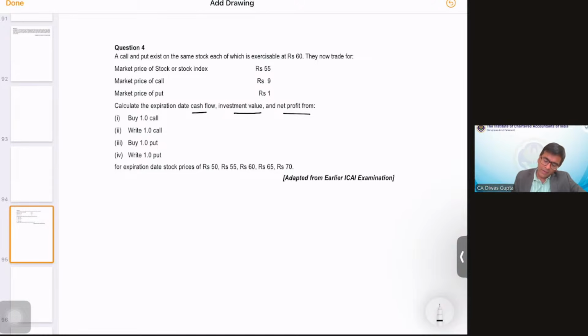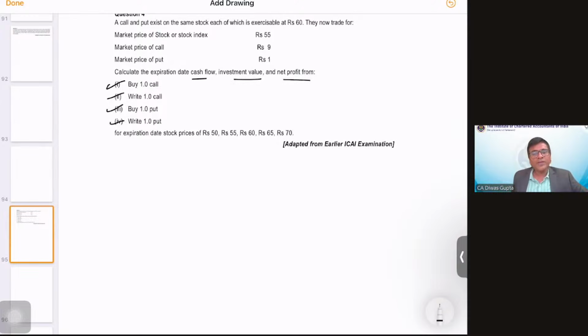From buy one call, write one call, buy one put, write one put. So all four scenarios they have asked. For expiration date, stock prices are 50, 55, 60, 65, and 70. They have given us the different prices as well. So let's calculate first of all the cash flows, the expiration date cash flows.